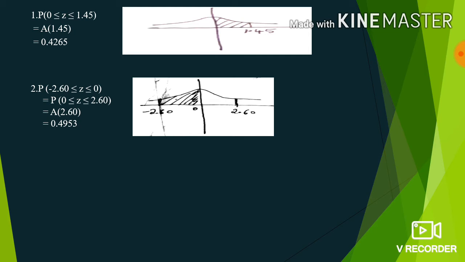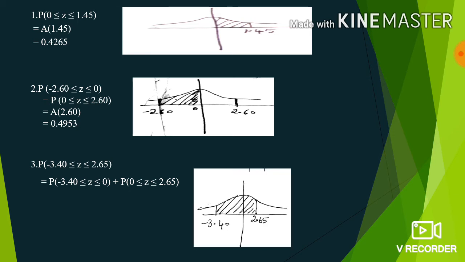So whenever a negative value is there, we can take the positive part of that. Next, the third one, P of minus 3.40 to 2.65. The graph of that is split into two parts, 0 to minus 3.4 and 0 to 2.65. 0 to 2.65 is A of 2.65.